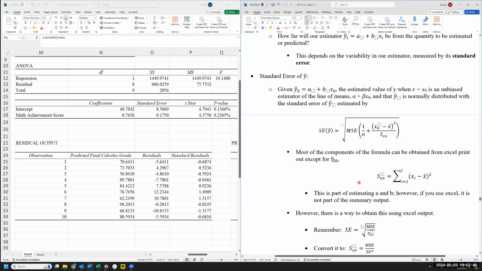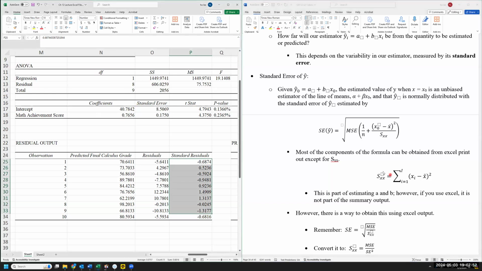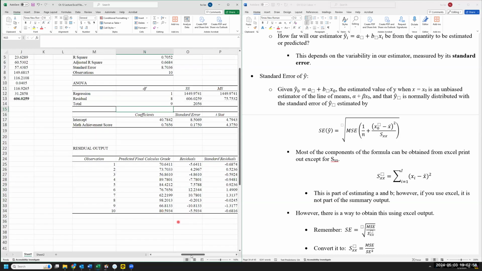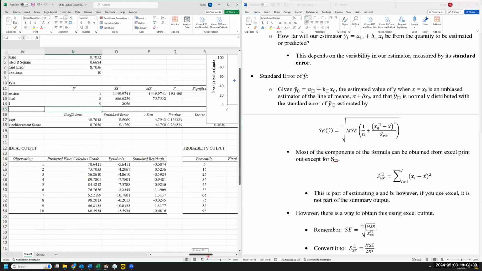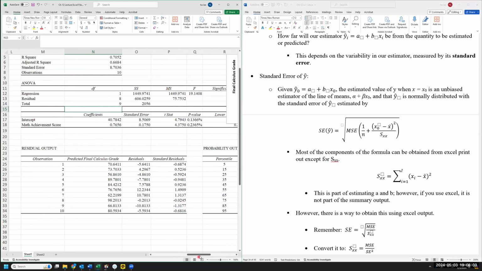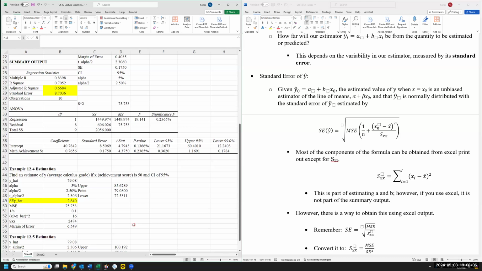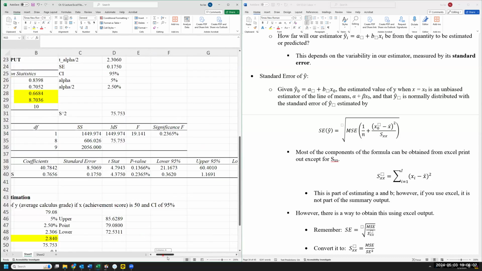Now, most of the components in the formula we could pull from here. SXX cannot be pulled from this regression result that we have outputted.